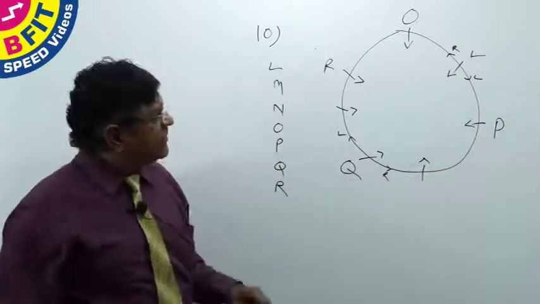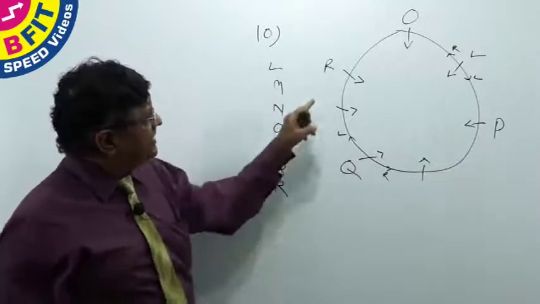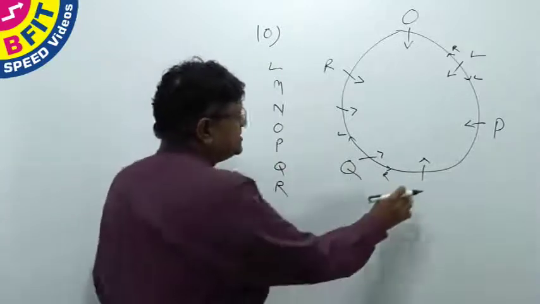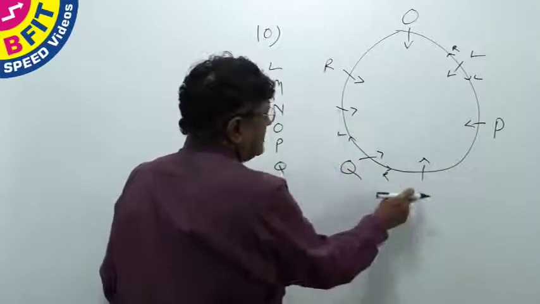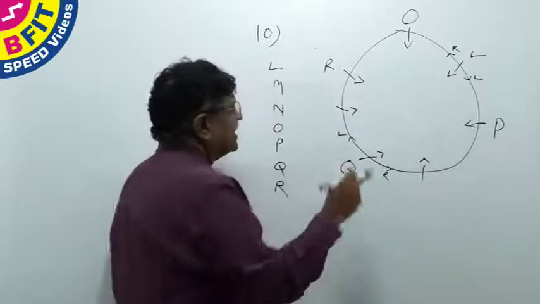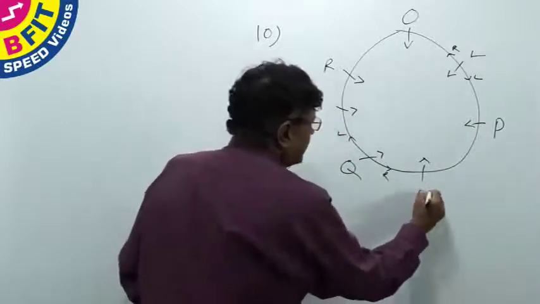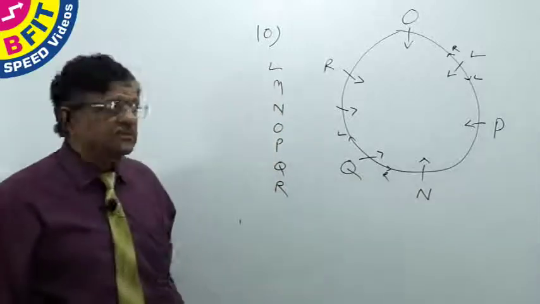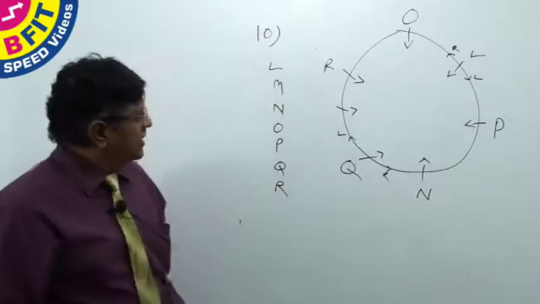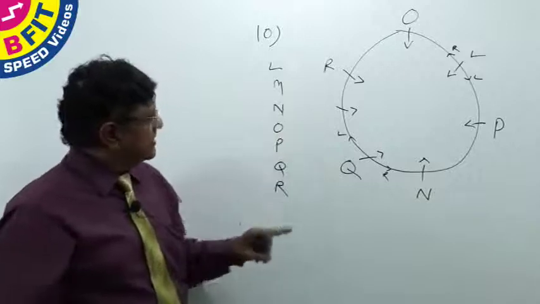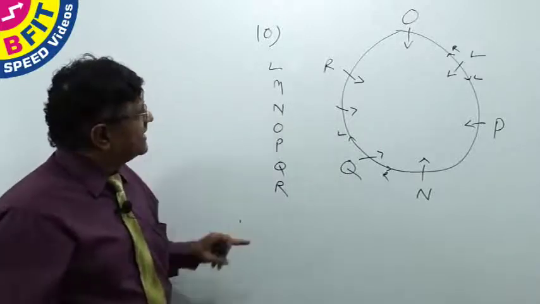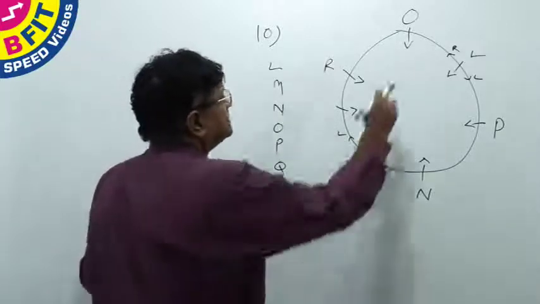N is not an immediate neighbor of R. Only 2 positions are left. One this and one this. And N is not an immediate neighbor of R. Therefore N has to sit here. Now we are left with 1 position and 1 person. Let us see which are the positions we have started.